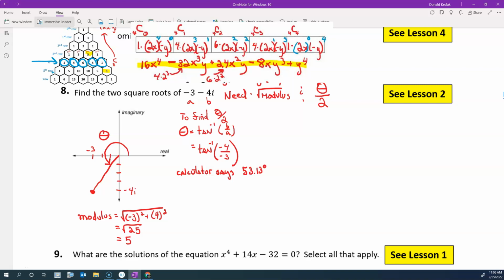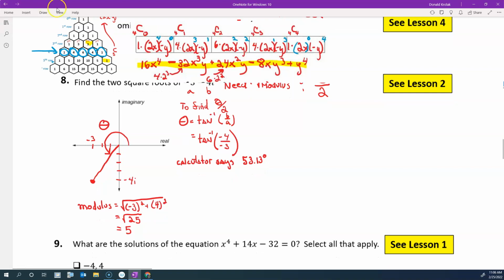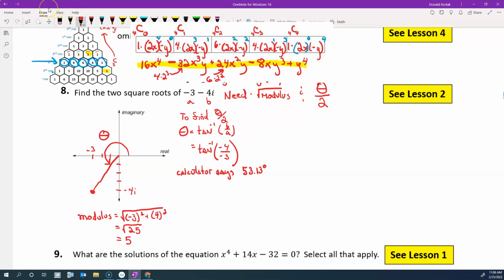Okay, now, that's not your theta here. You have to think about this a little bit. All right, that 53 degrees, guys, what came out of your calculator is this angle right here. But we want the angle that goes all the way over to here. So in this case, that's 53, which says this angle that's vertical to it is 53.